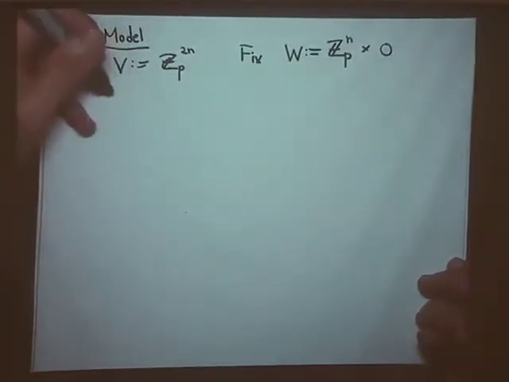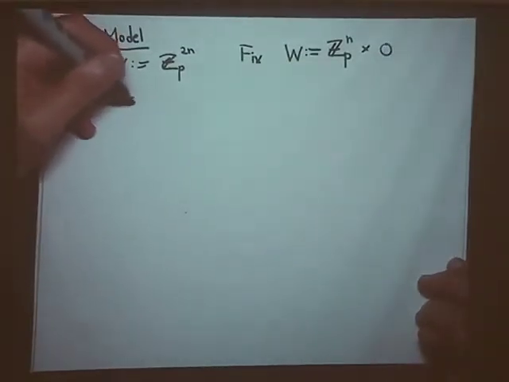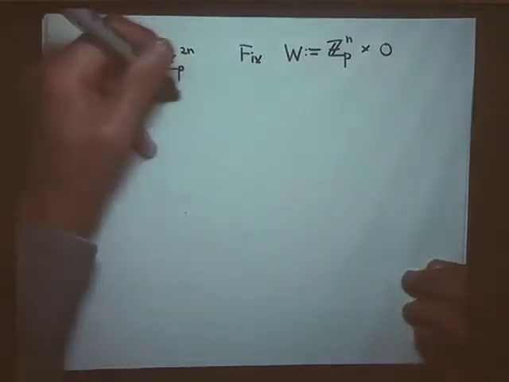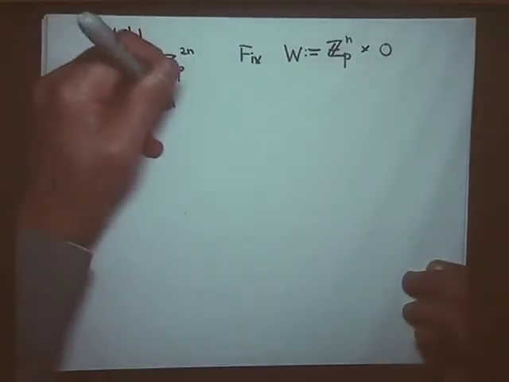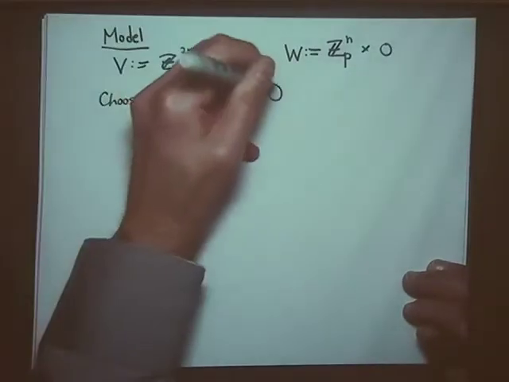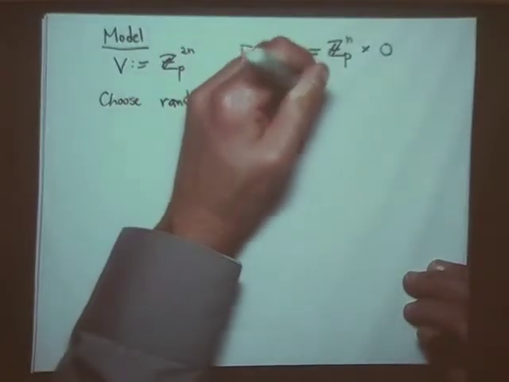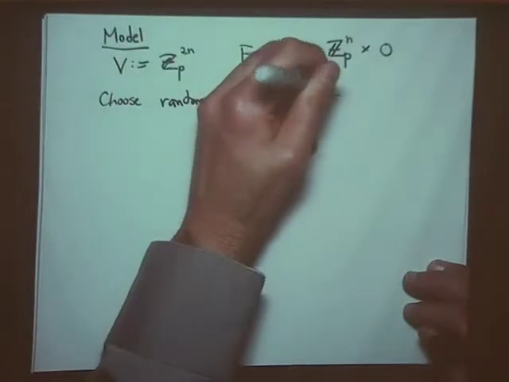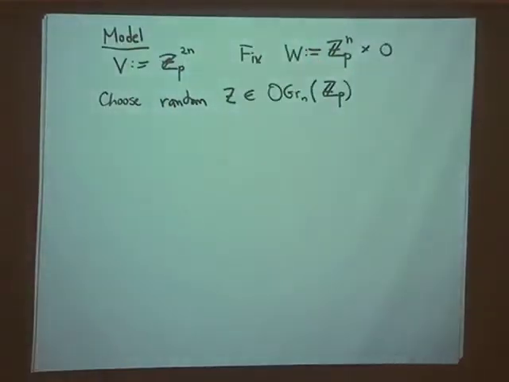Okay, and then I'm going to choose a second one at random. So a random Z, which is also a maximal isotropic direct summand in this rank 2n Z_p module.